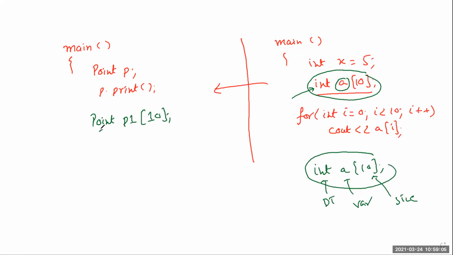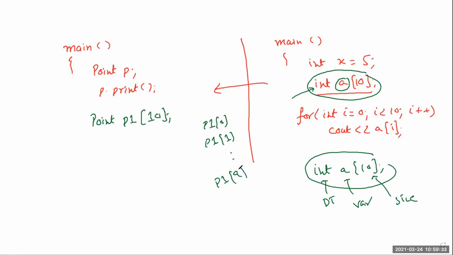If you come here, this Point is your data type, this p1 is your variable, and this is your size. Now you have declared 10 objects of class Point. What is the name of the first object? The first object is p1[0], the second object is p1[1], and the last object is p1[9].